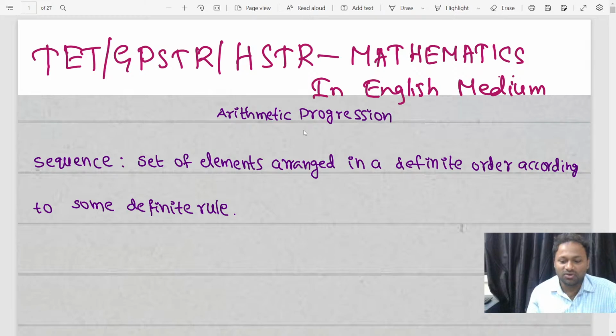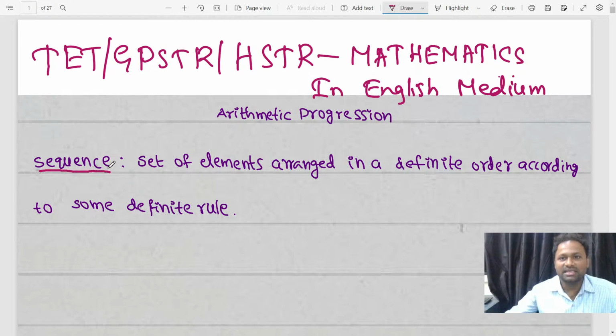Now we are going to start our topic, which is arithmetic progression. Before going to arithmetic progression, we need to know about sequence. So what is sequence? Here I have written the definition.